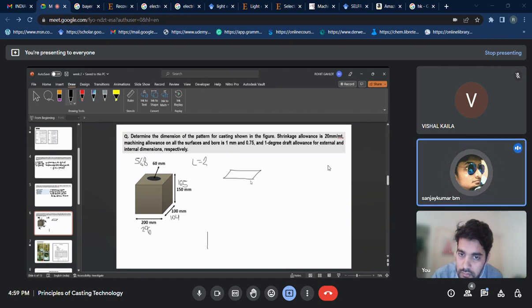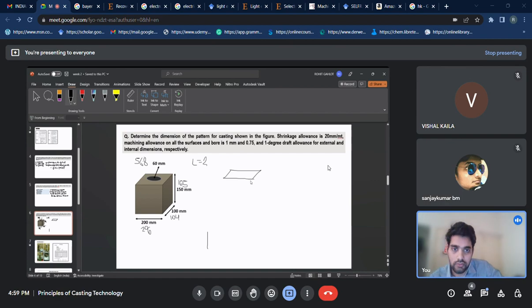Are you able to imagine how your cuboid will look after giving it a draft allowance? Draft allowance is nothing but a slight deviation given to the pattern towards the inner side, which results in a little tapered, triangular kind of cube. Right, yes.